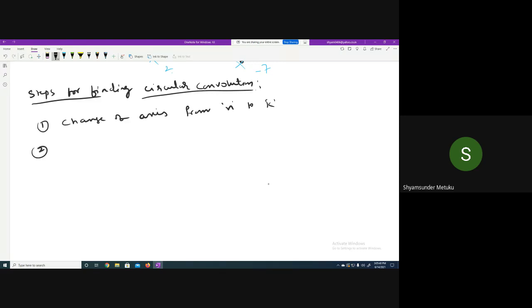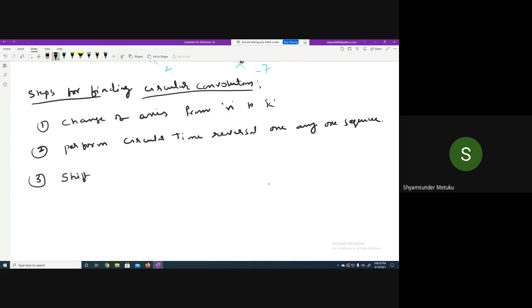Step two is perform circular time reversal of any one sequence. In the other case, it was linear time reversal. Is it clear? Third one, same. Here only right shift, there is no left shift, that is an advantage.